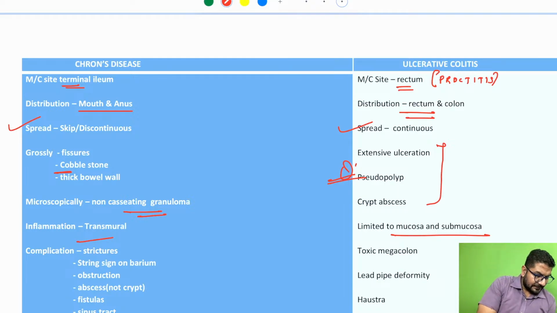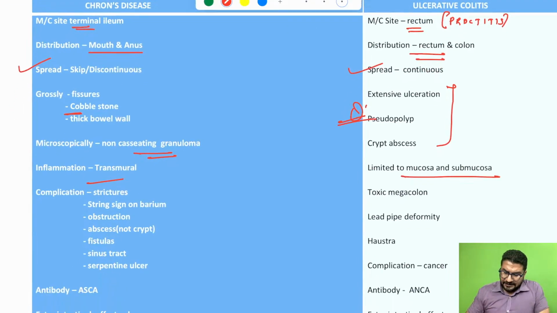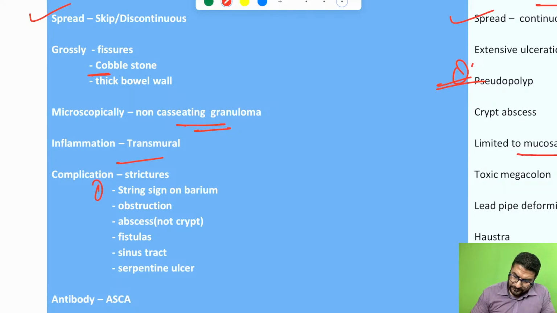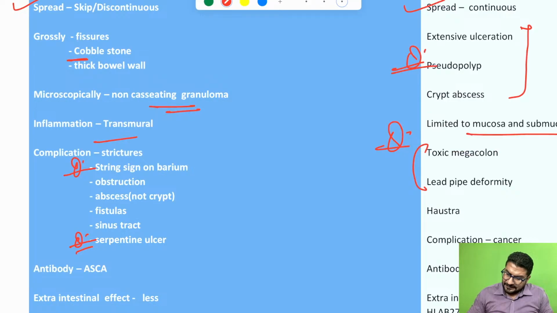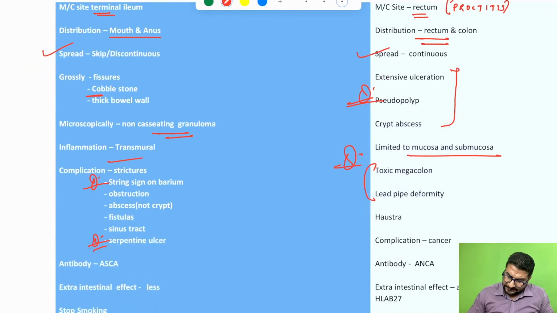Then remember, in Crohn's disease, what else can you notice? You can see string sign of Kantor. You can see fistulas, you can see serpentine ulcers. Here you will see toxic megacolon and lead pipe deformity. Complication: cancer can occur in both.